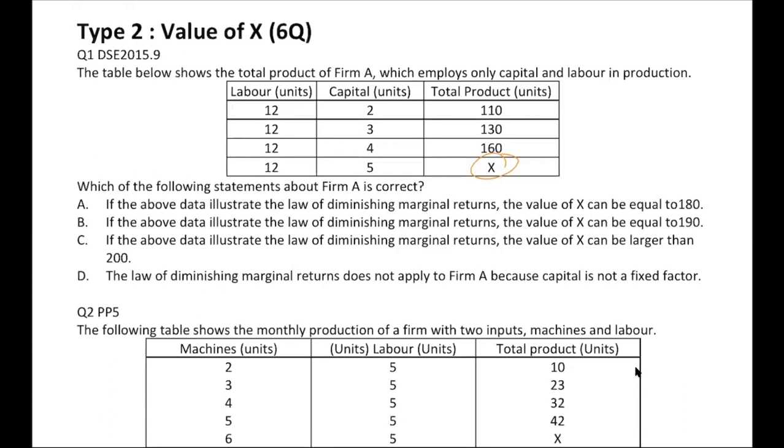In this table, capital is the variable factor, and we have the total product here. The question asks, when the data illustrate the law, the value of x can be equal to 180, equal to 190, larger than 200, or the law does not apply because capital is not a fixed factor.